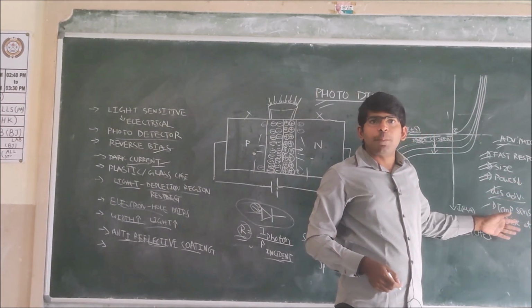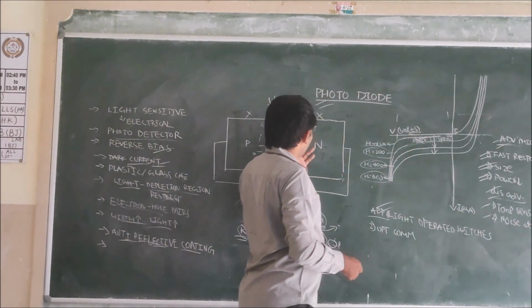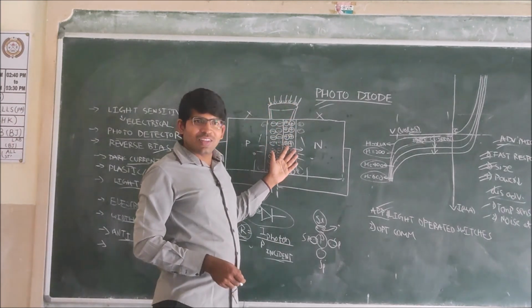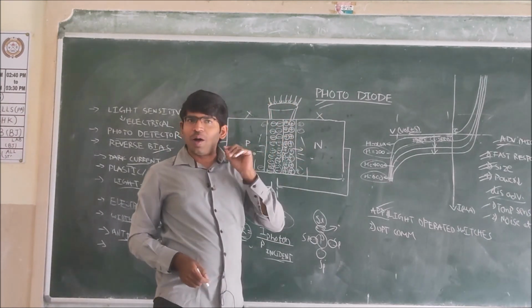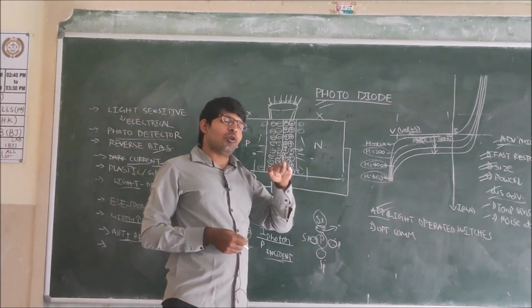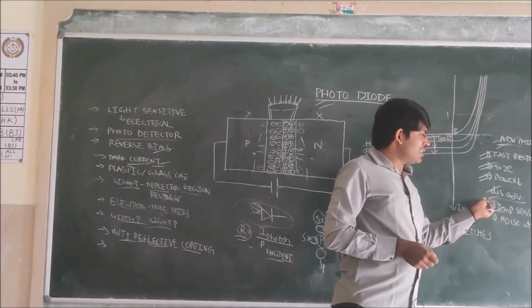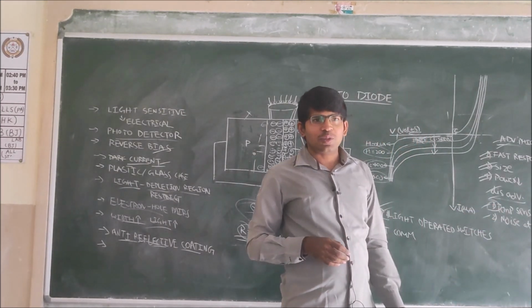Disadvantages. It is temperature sensitive. If the light falls on this, the electron hole pairs will be formed. Even if the temperature increases, electron hole pairs will be formed. So the disadvantage is that it is sensitive to temperature also.